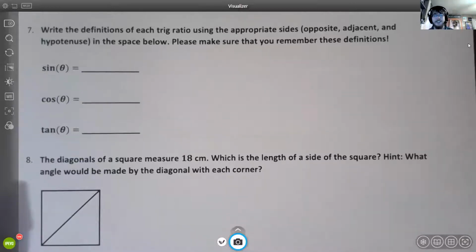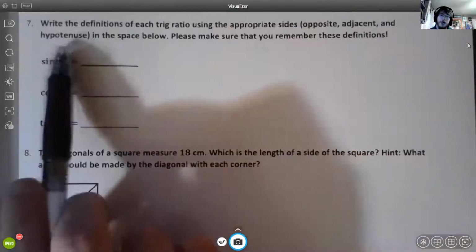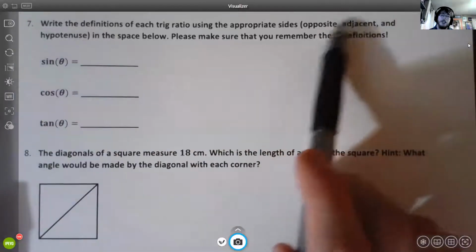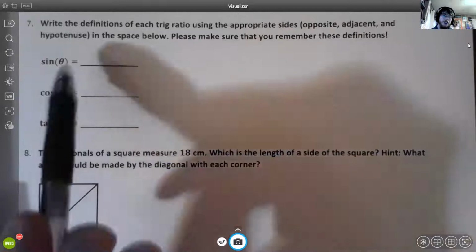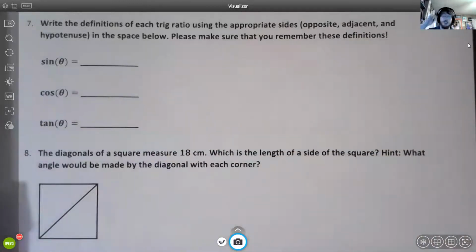Again, that does not help you if you don't know what the meanings are for those things, okay? So opposite, adjacent, and hypotenuse, you guys probably know what hypotenuse means, but if you weren't sure what opposite and adjacent meant, you might not be able to understand which trig ratio to use. And so you need to make sure you understand that, okay?